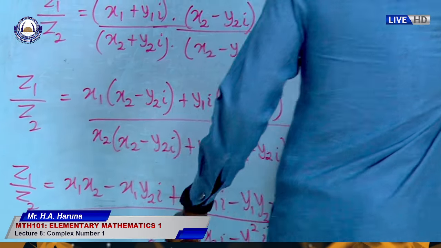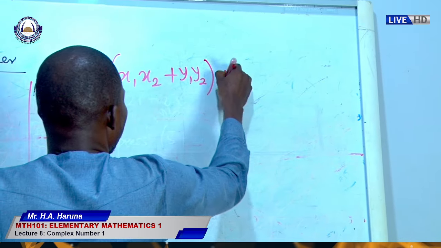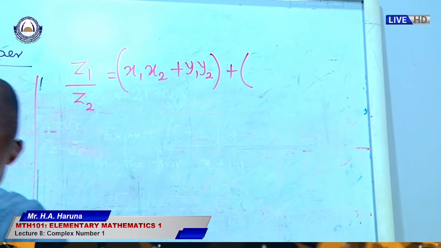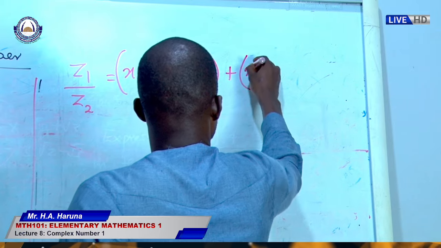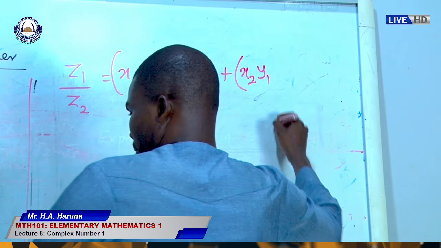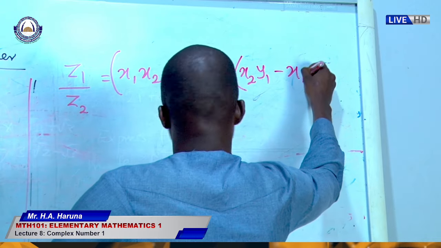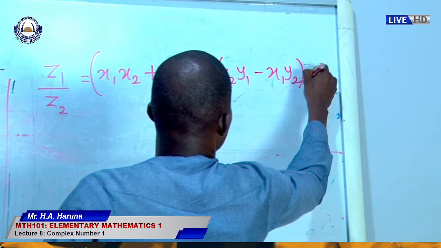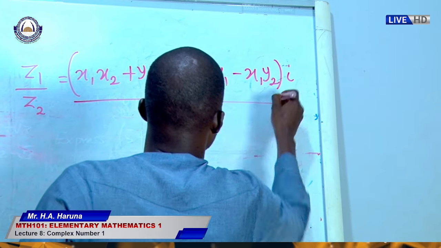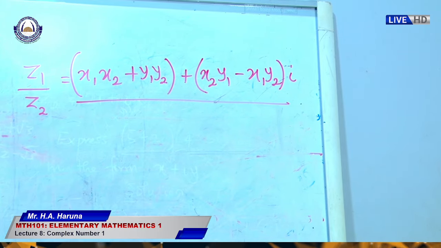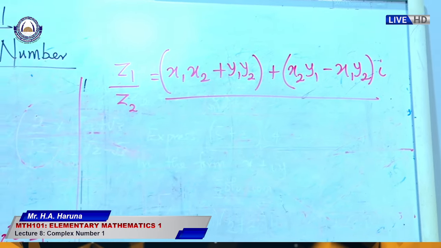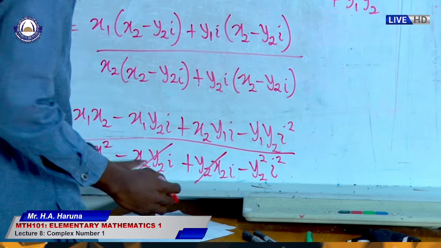So put this one in bracket and say plus another bracket, x2 y1 minus x1 y2, everything in bracket, times i.